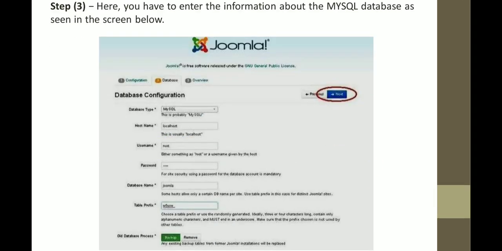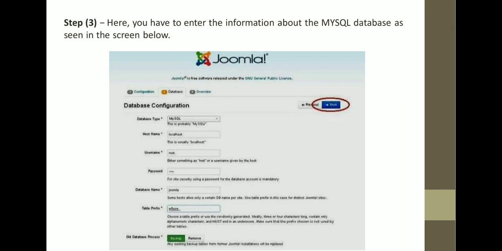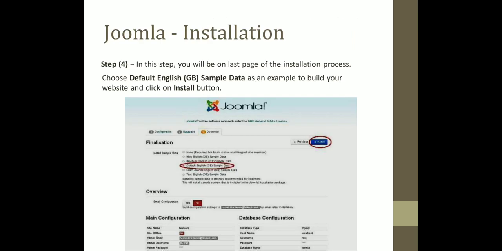Then you can see the table prefix is also given here. So after filling in all this information, you will get the Joomla page, and you need to back up this database.